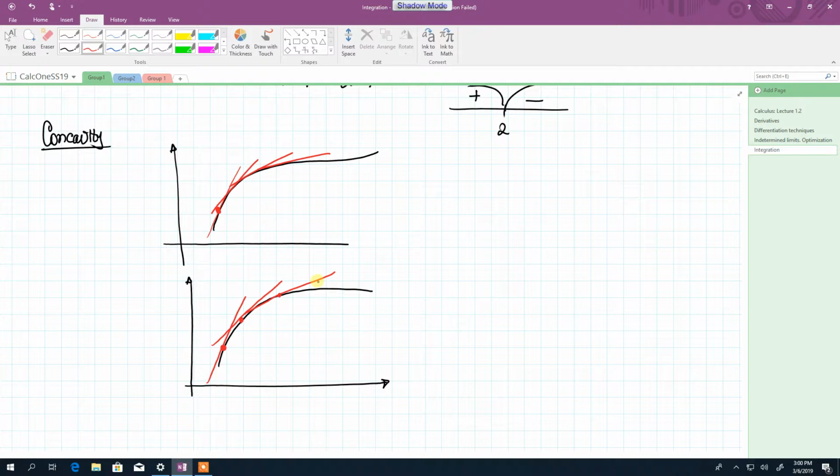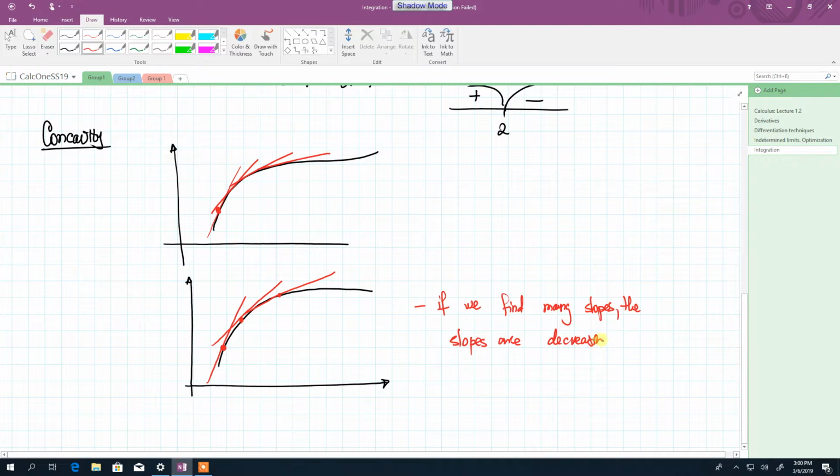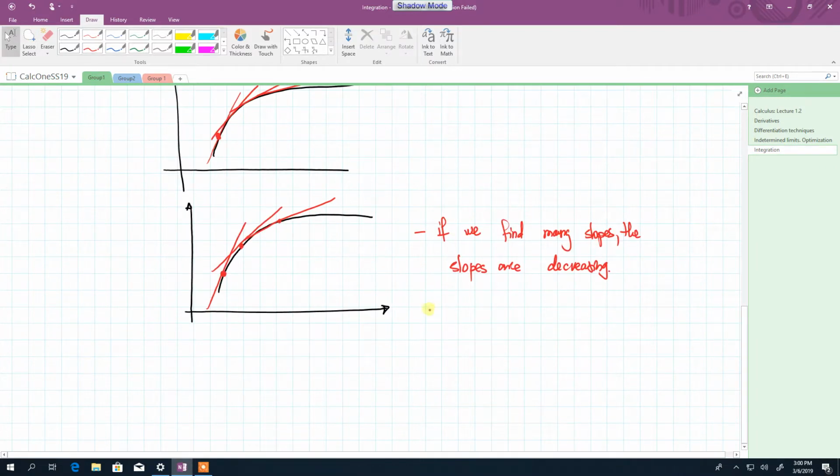One more time. So I see that in the region where the function is concave down, if we find many slopes, the slopes are decreasing. At the same time, we know that the slope of the tangent lines is the first derivative of the function, right?